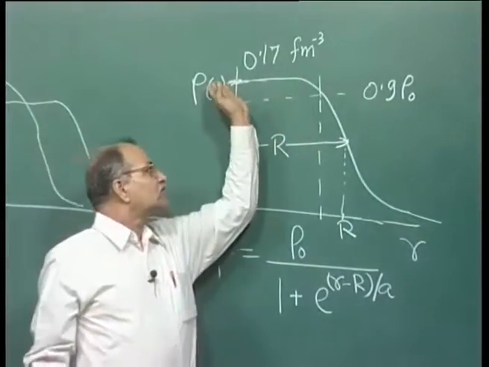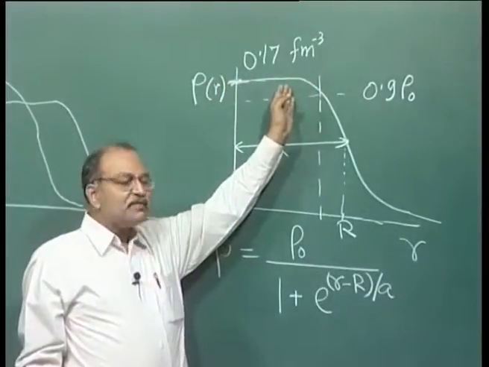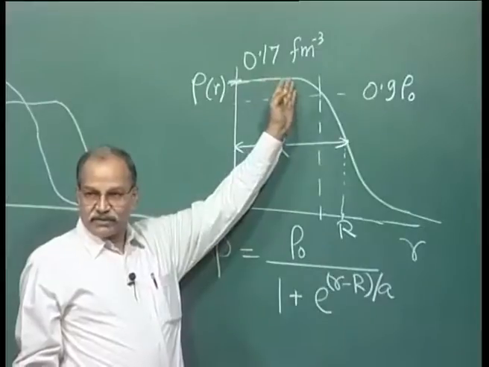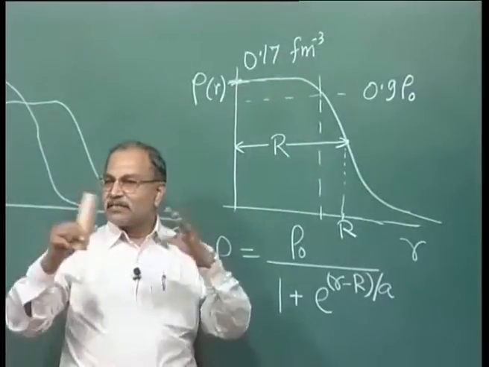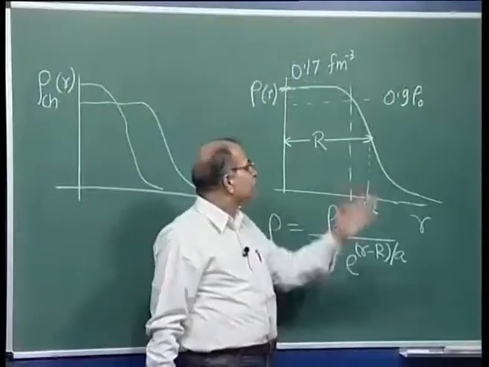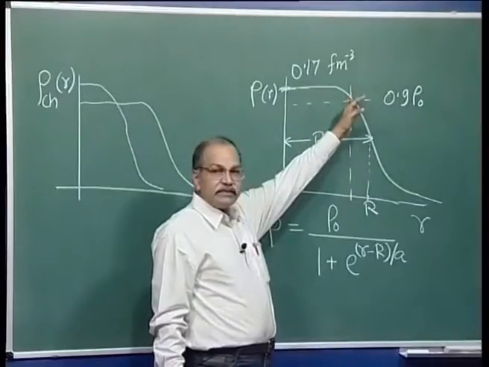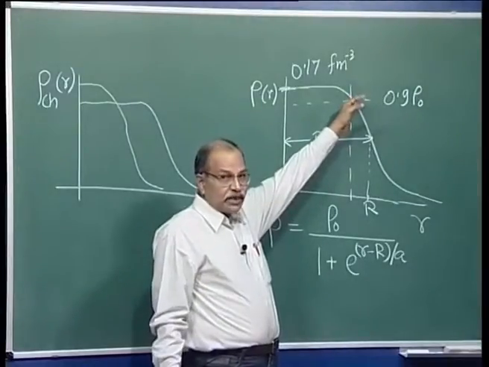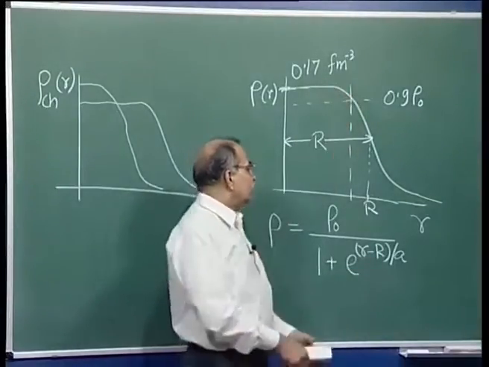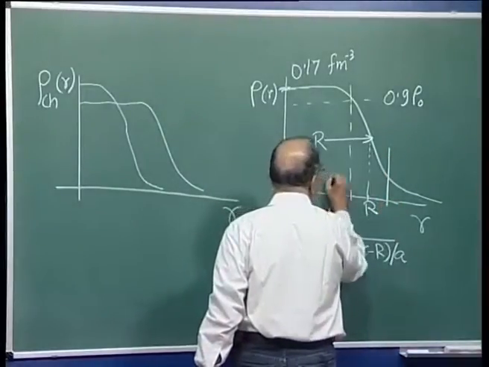This is also not exactly constant, some slight variation is there. In fact, experimentally if you take the data, there are more variations, because the nucleus is not very smooth inside, there are many zigzags, but roughly. Here the density has decreased to 90% of its central value, and similarly you take this point where it decreases to 0.1.